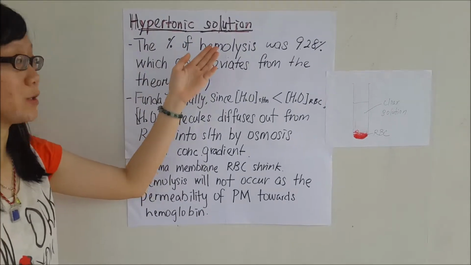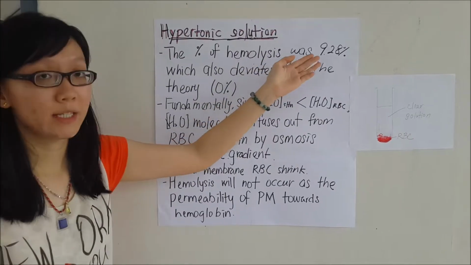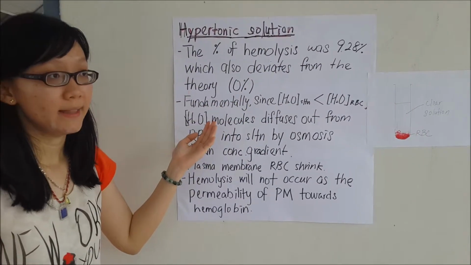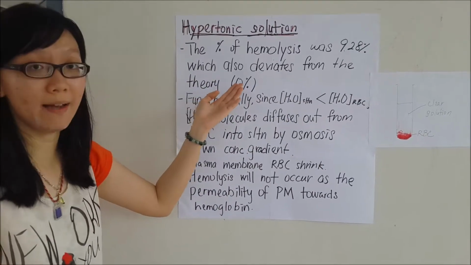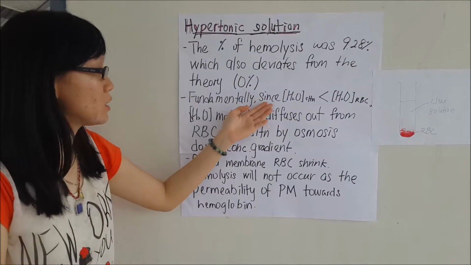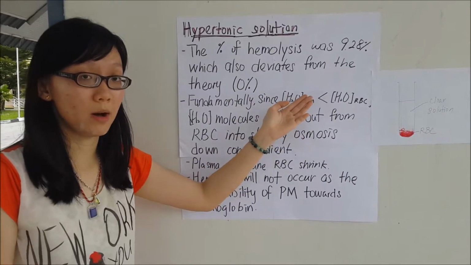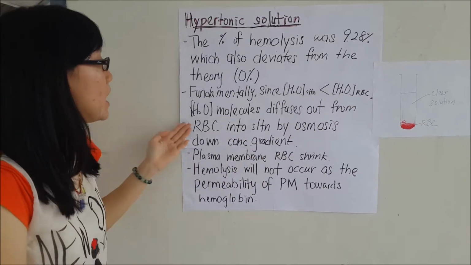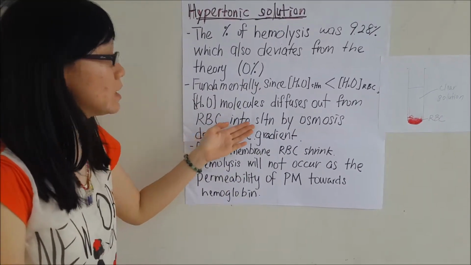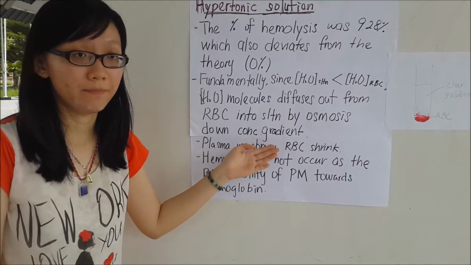For the hypertonic solutions, the percentage of hemolysis was 9.28%, which also deviates from the theory that suggested 0% hemolysis. Fundamentally, since the concentration of water molecules in the solution is less than the water molecules in the red blood cells, the water molecules will diffuse out from the red blood cells into the solutions by osmosis down the concentration gradient.